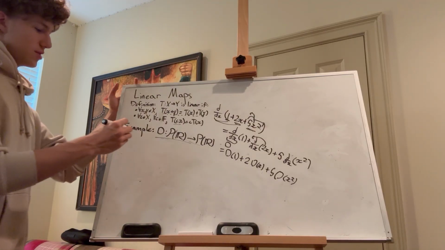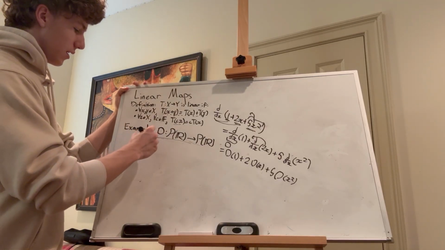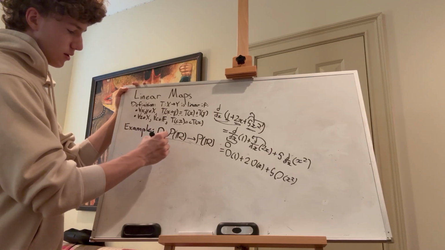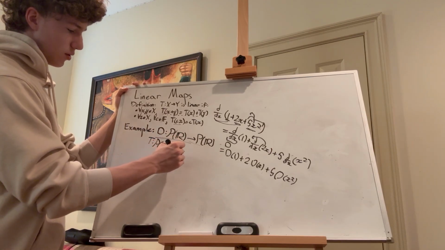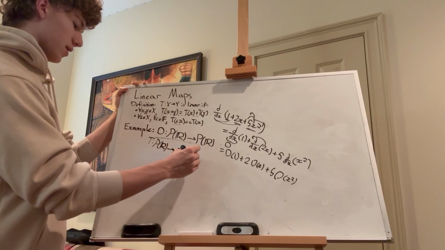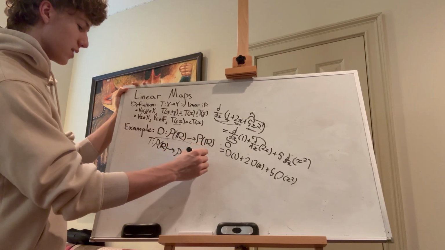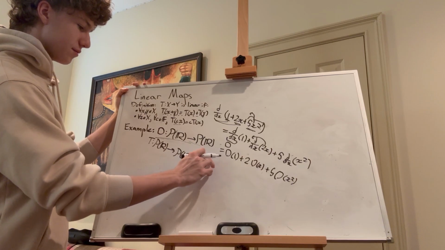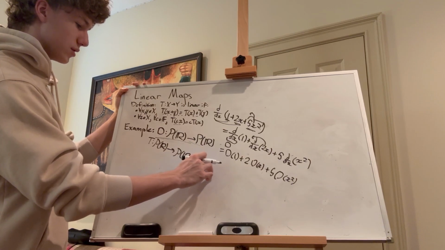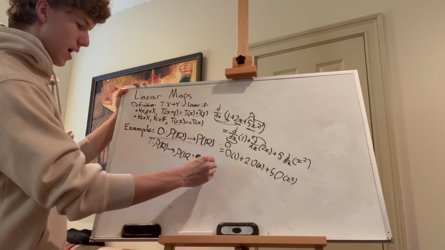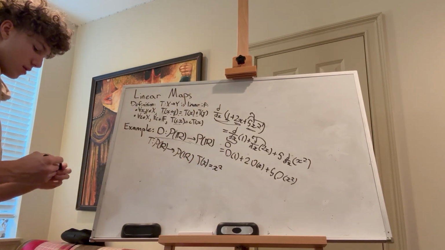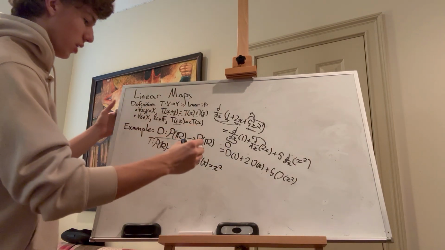As a little exercise, do you want to try proving that the map T, also from polynomials on R to polynomials on R, given by T of p equals x squared times your polynomial?